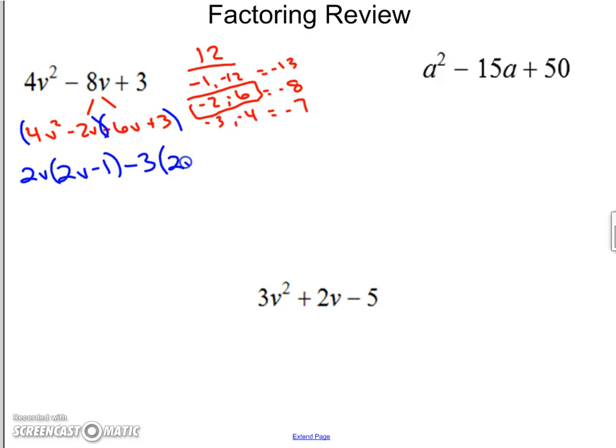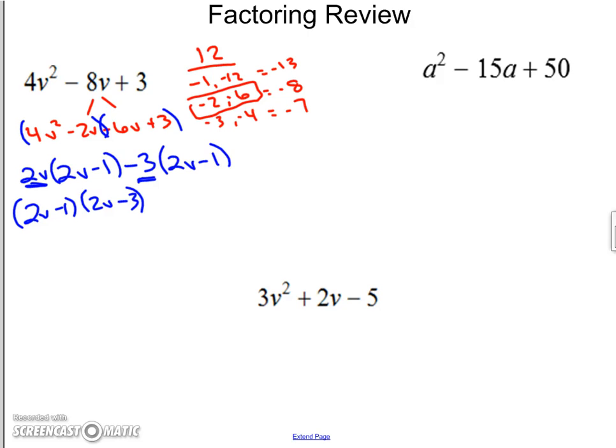I didn't do anything with the v, so I leave it. Positive 3 divided by negative 3 gives me a negative 1. Again, we look, these two need to be the same, and if they are, then you know you've done it correctly. My answer is that, 2v minus 1, and then my other answer is the two things that I have factored out. So 2v minus 3.